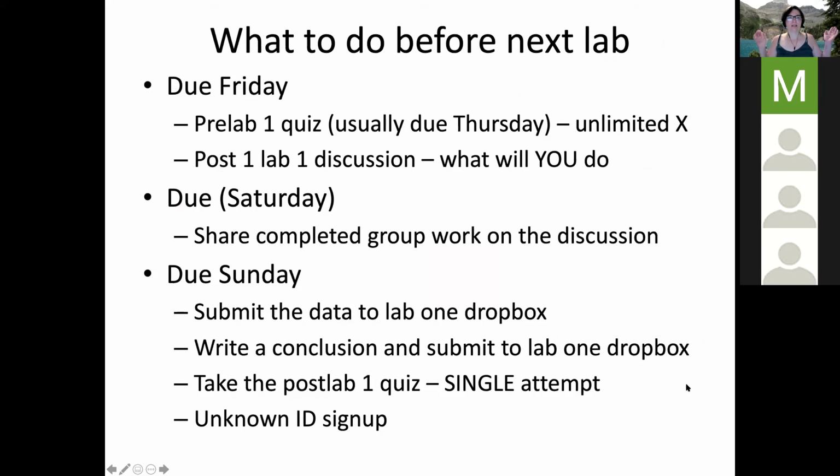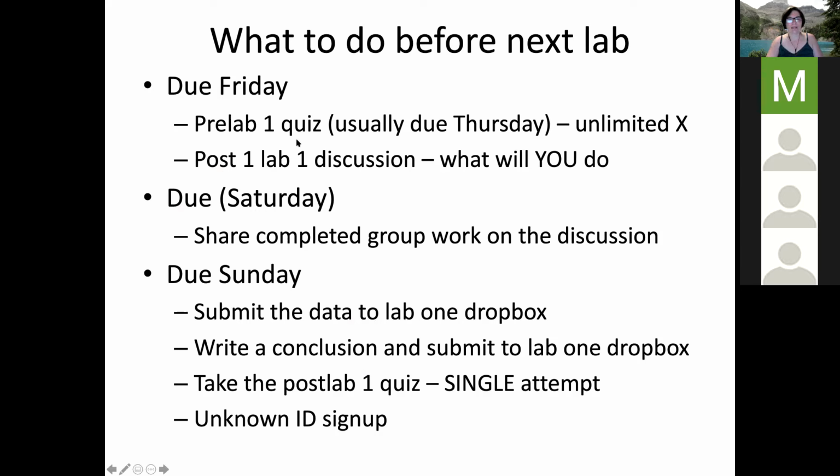All right. So let's just briefly touch base on what your action items are. The official Canvas deadline is Thursday, but you actually have until Friday to do the prep for Lab 1 because it's been a holiday and it's the first week of class.